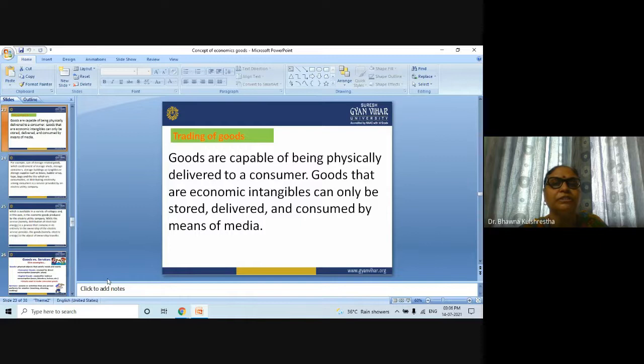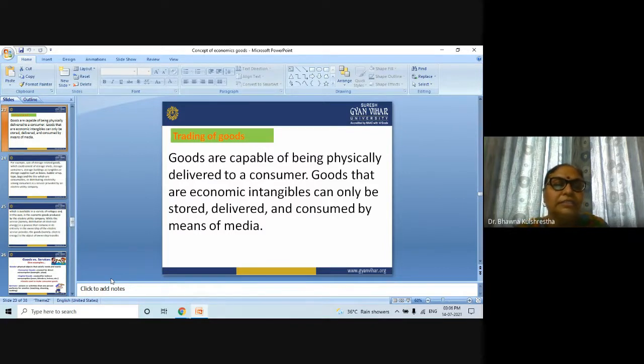Tradable goods are capable of being physically delivered to a consumer. Goods that are economically intangible can only be stored, delivered, and consumed by means of media.